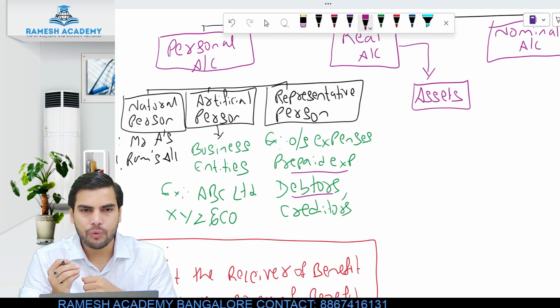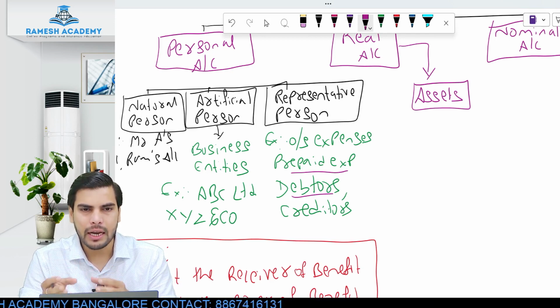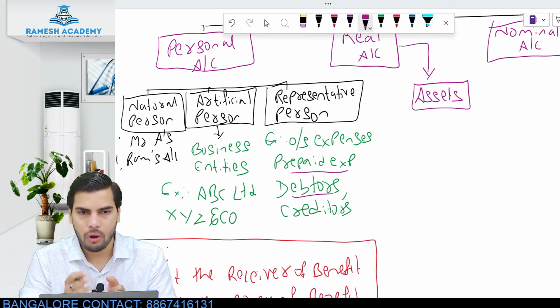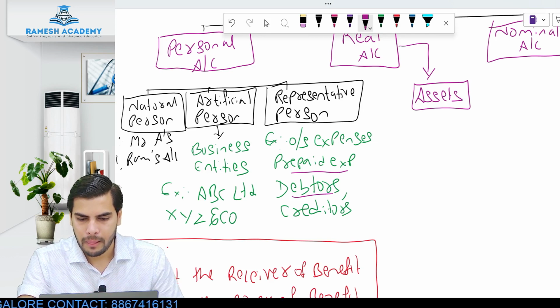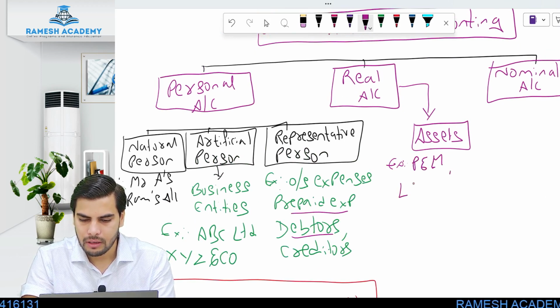Majority of the assets would fall under the category of real account, but not all assets. Let's say 90% of the assets would fall under real account. Examples would be plant and machinery, land and building, furniture, cash.